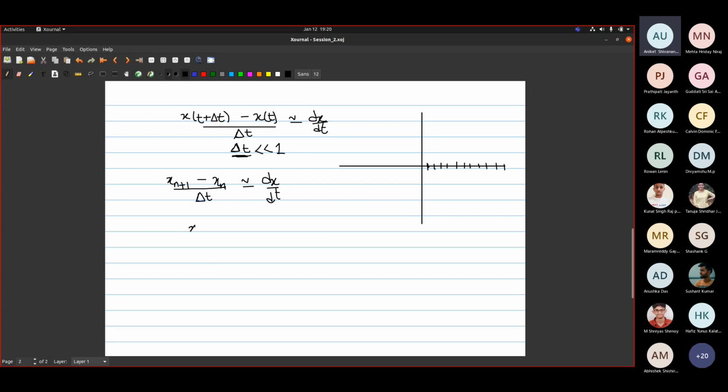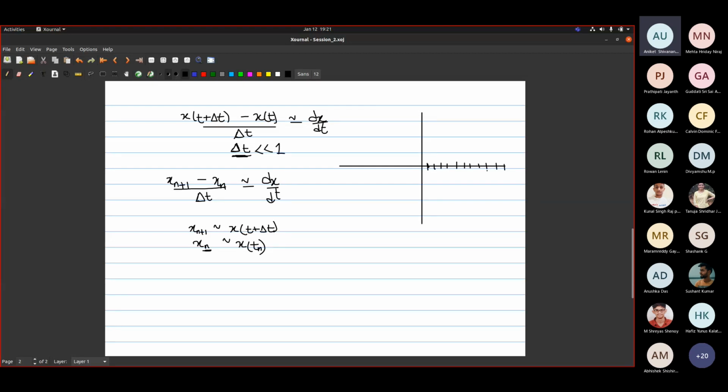Here xn plus 1 basically means x at t plus delta t, and xn means x at time t. The nth term of this x that we are trying to find corresponds to x at some time tn.